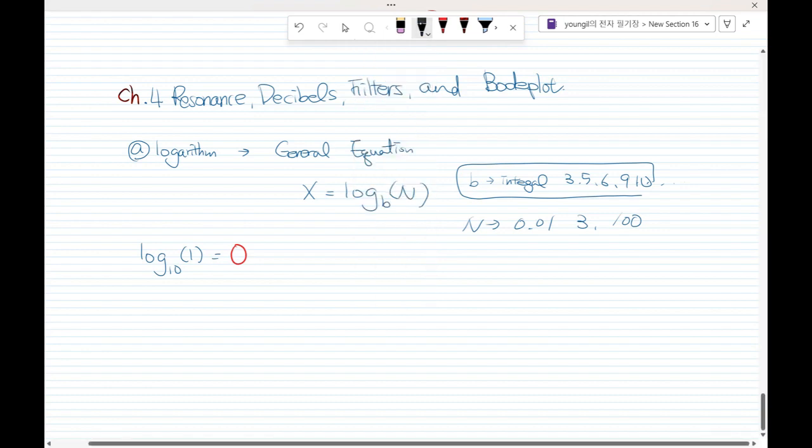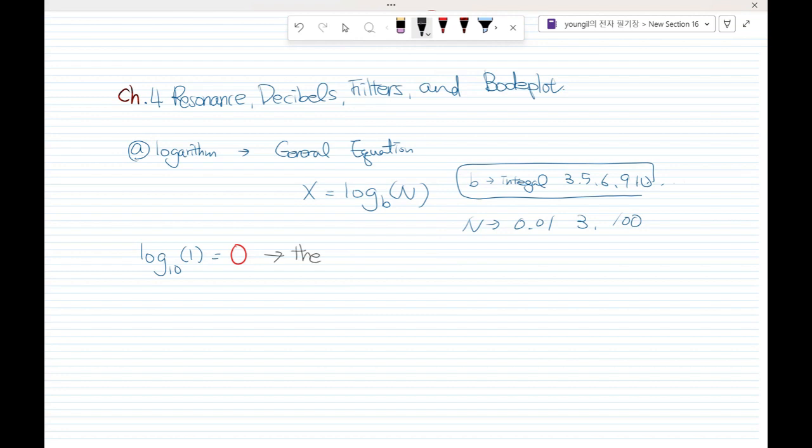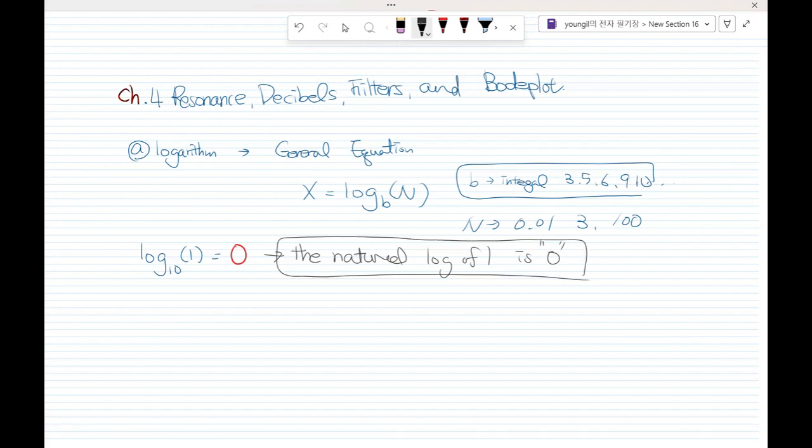Okay. Now this is the natural log. I'm going to write it for you. The natural log of 1 is 0. Okay. The natural log of 1 is 0.